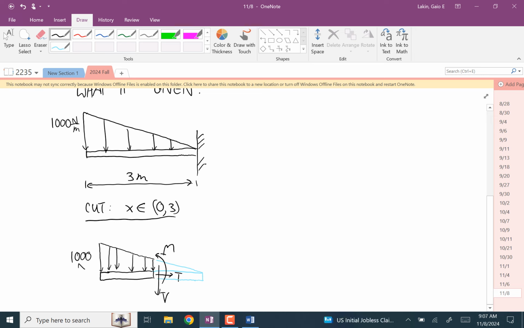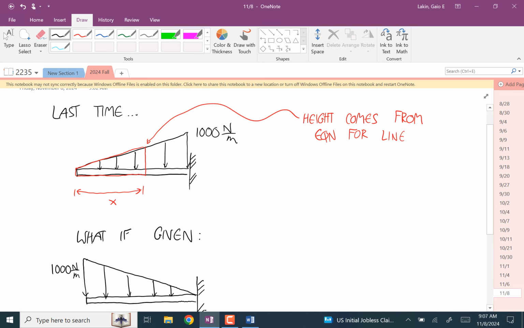But now this is way more of a pain. That's because in the case that we did last time, when we make our cut, our distributed load is still a triangle.